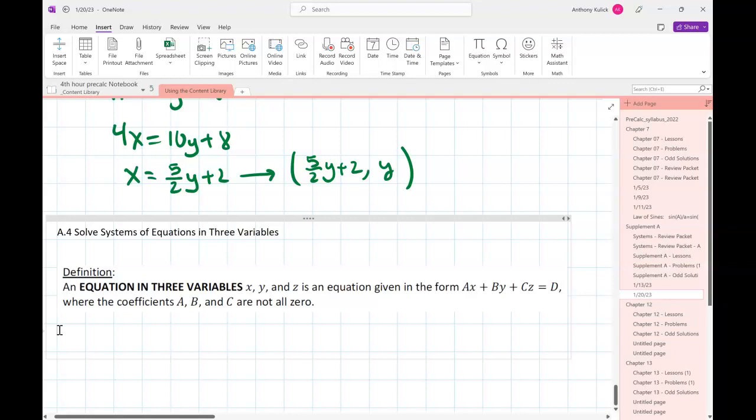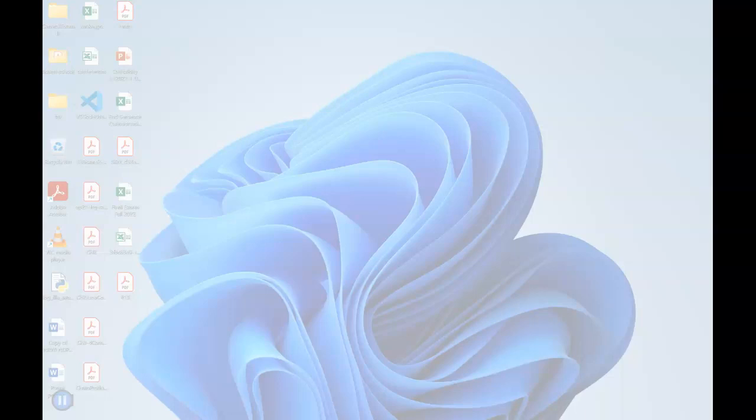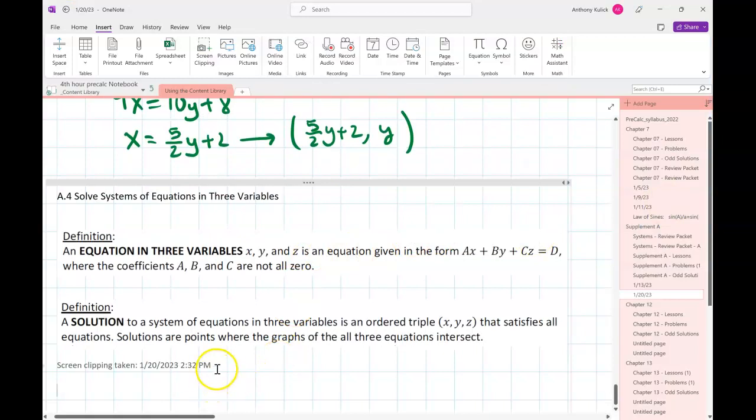So a system of three variables is going to contain three equations, each of which with three variables. And a solution for that system is going to be an ordered triple, an x, y, z, that satisfies all three equations. And the solution is going to represent a point where those three equations intersect.